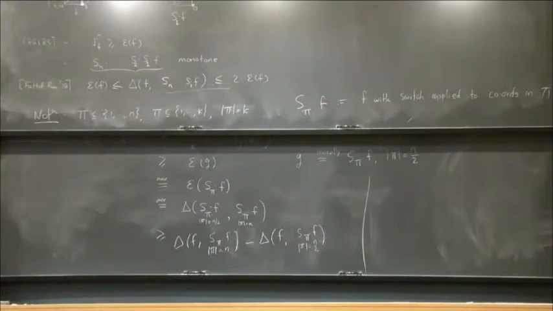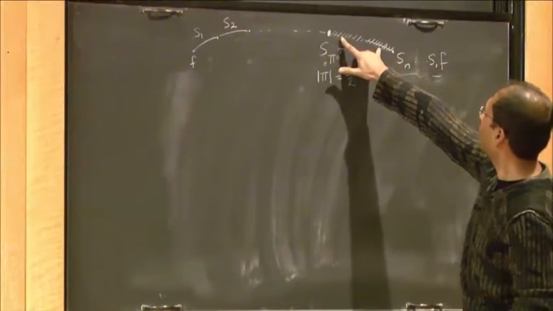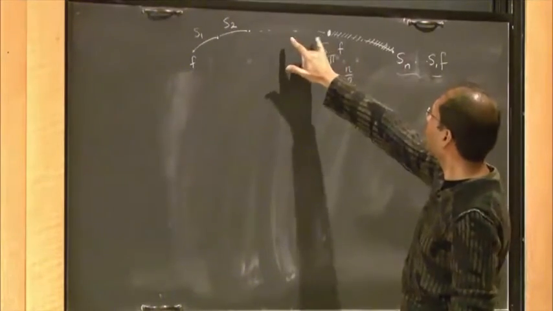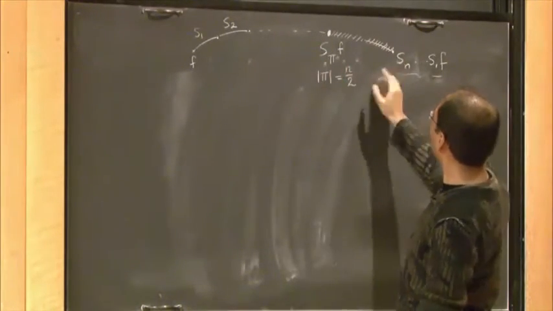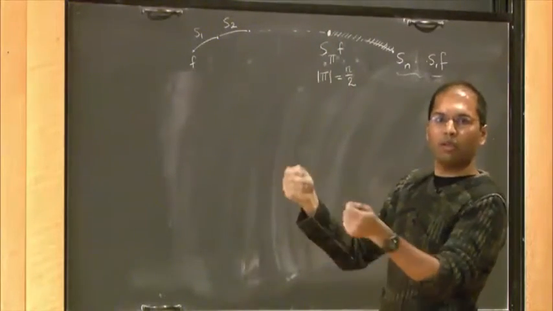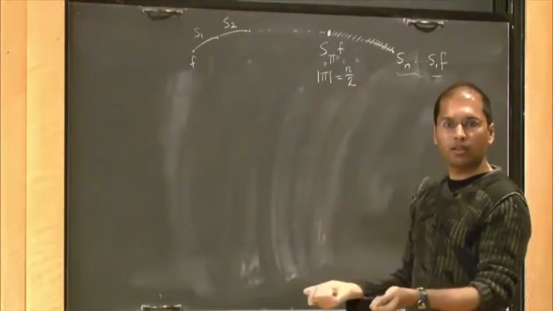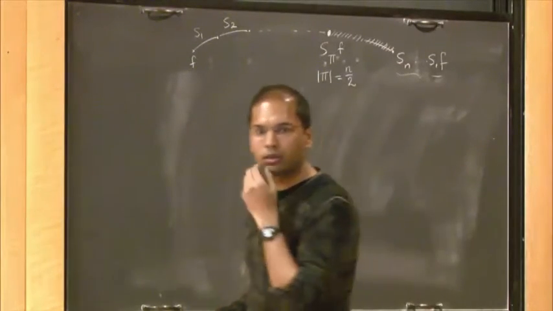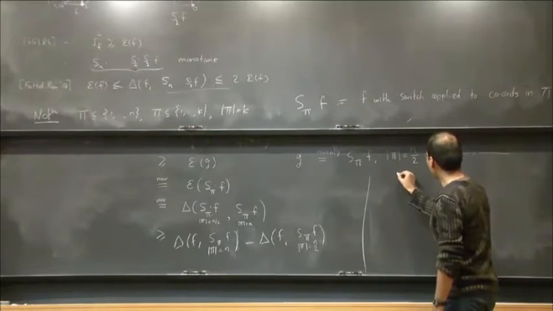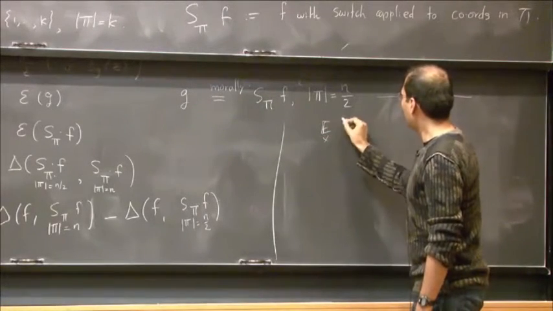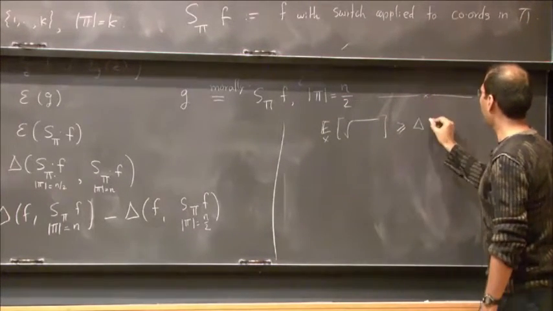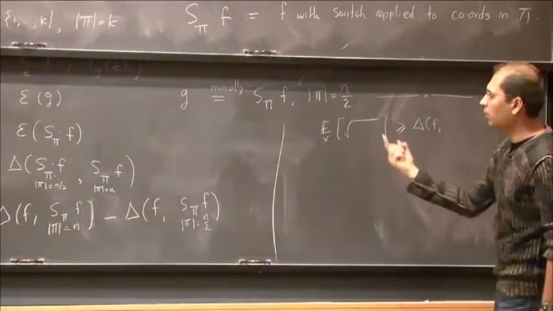In the sense that even though this distance could be very small, maybe, this distance would have to be large either between n over 2 and n, or between n over 4 and n over 2, or between n over 8 and n over 4. Somewhere this distance has to be large. And that's basically it. So what we actually get is that whatever this quantity we are trying to lower bound is at least that, and distances are always measured from the original function.